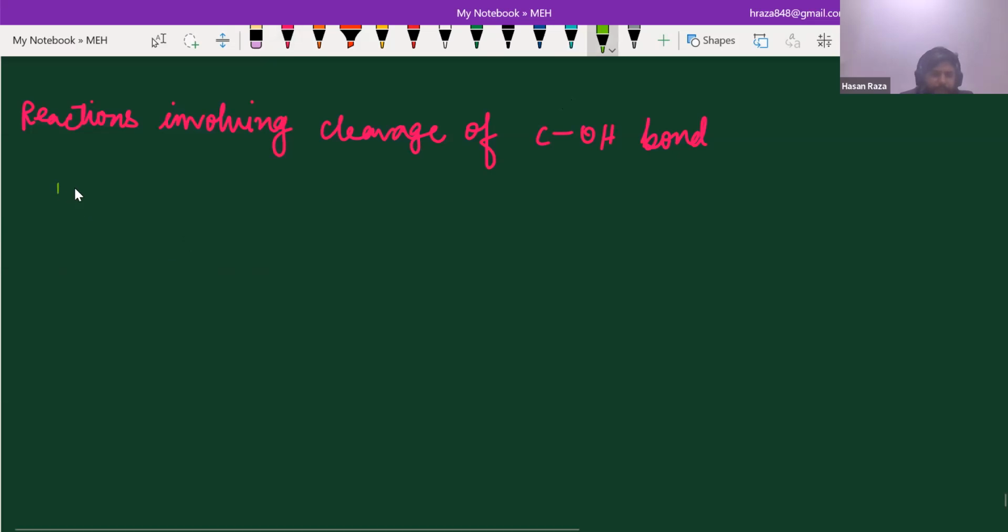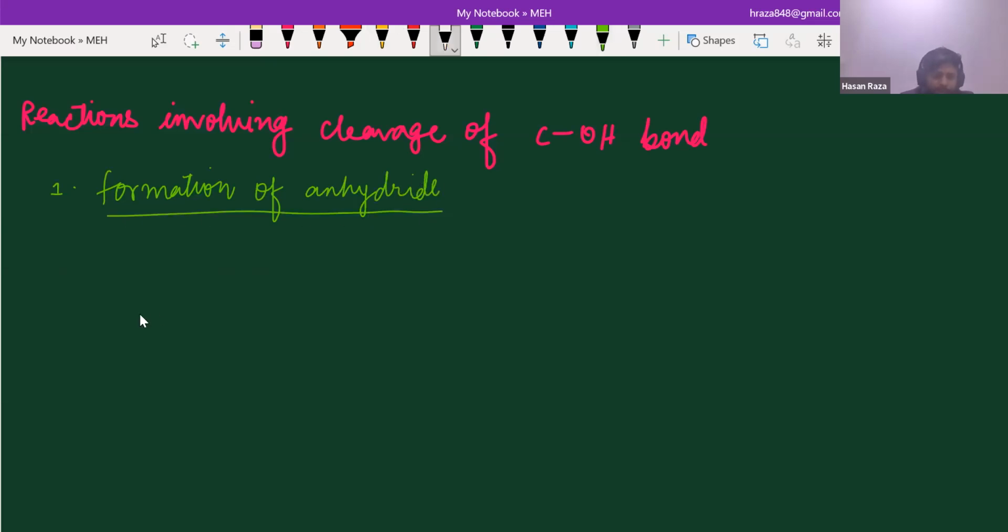First is formation of anhydride. How are we going to form anhydride? It's very easy. Take CH3C=O OH. We are going to take 2 moles of this carboxylic acid.